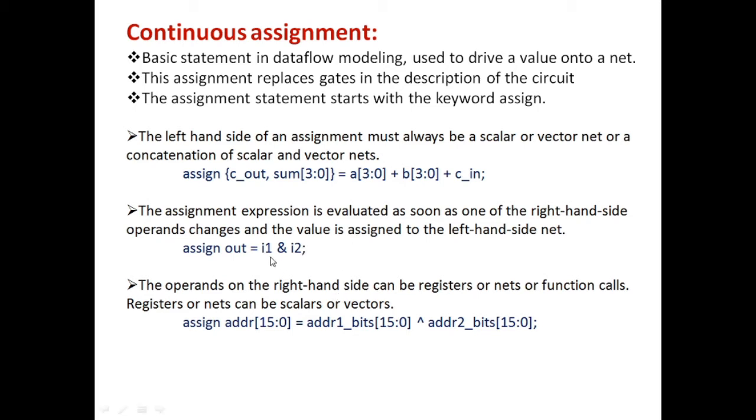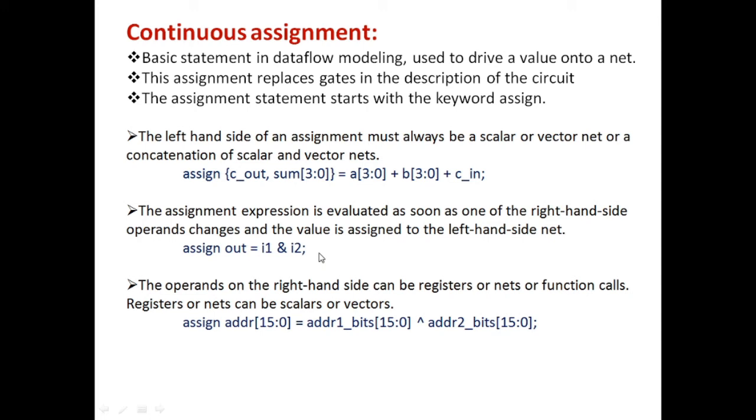For example, if I1 is 1 and I2 is 1, the output is 1. If I1 is changed to 0 and I2 remains 1, so 0 and 1, the output is evaluated as 0. So the assignment expression is evaluated as soon as one of the right hand side operands changes, and the value is assigned to your output variable called OUT. This is the second characteristic.